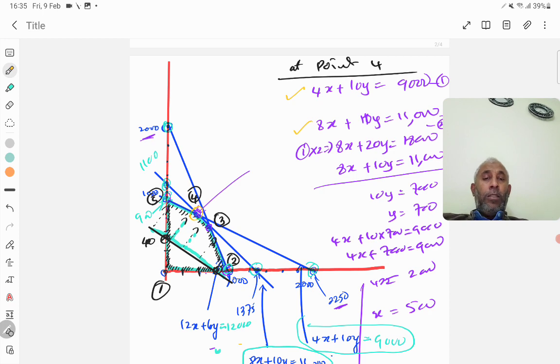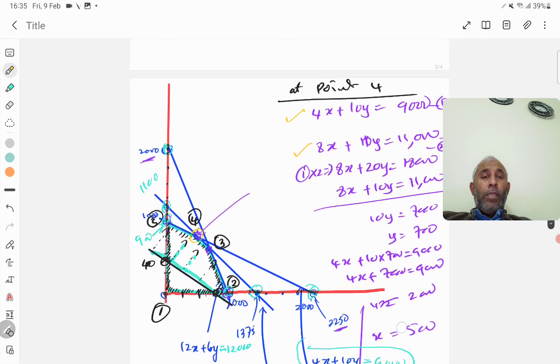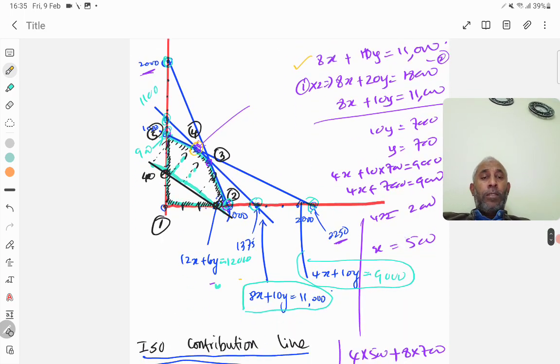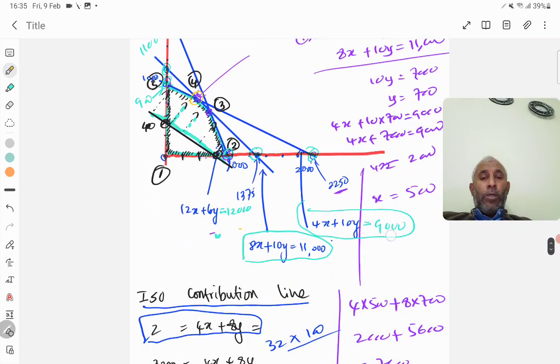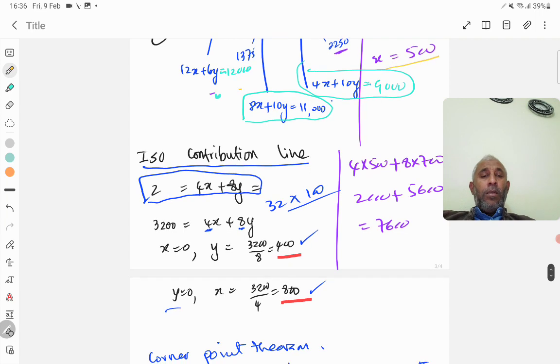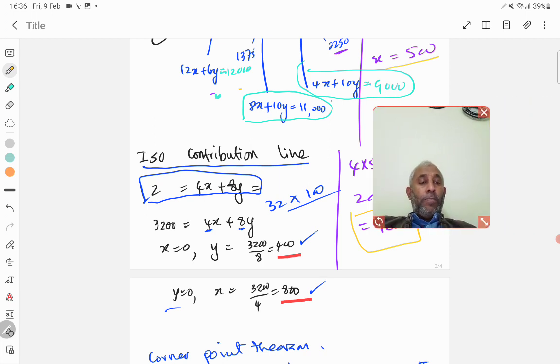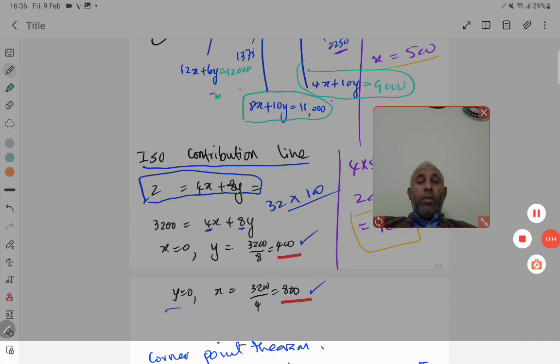One line is 4x plus 10y is equal to 9000. The other line is 8x plus 10y is equal to 11,000. Use that and solve and find out how much is y and then how much is x. And then work out and calculate what your maximum contribution is. Answer is 7,600. So this will be the answer for this question.